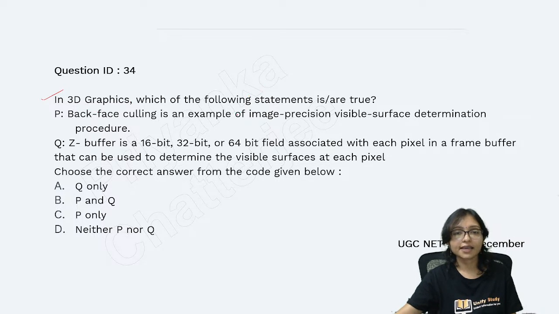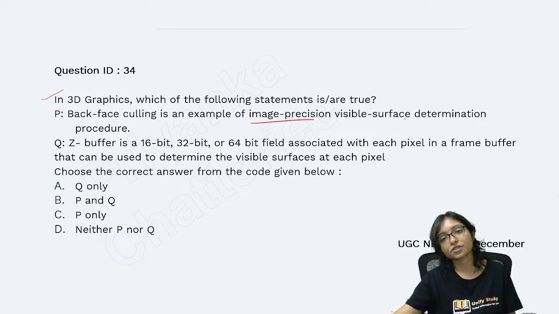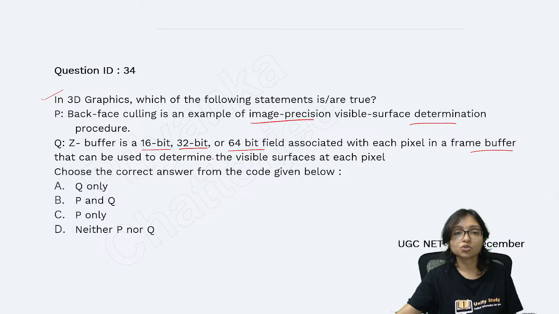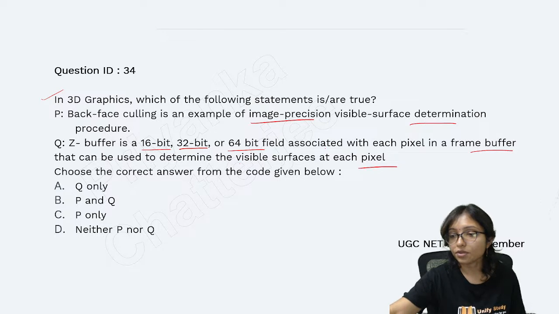Backface culling is the example of image precision visible surface determination procedure. Z buffer is a 16-bit, 32-bit, 64-bit field associated with each pixel of the frame buffer that can be used to determine the visible surface of each pixel. What will be the answer here? Tell me what will be the answer?